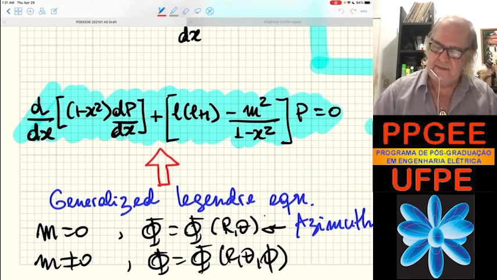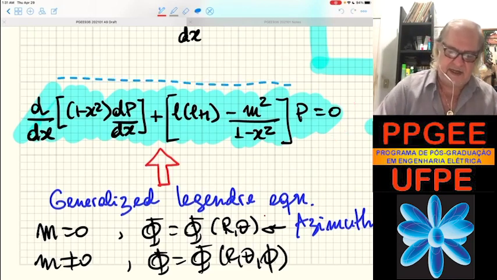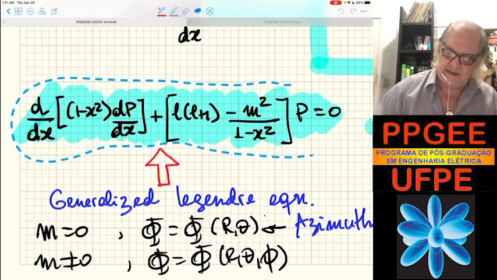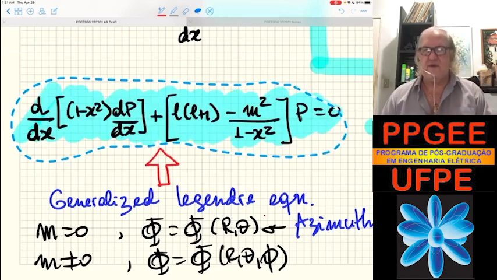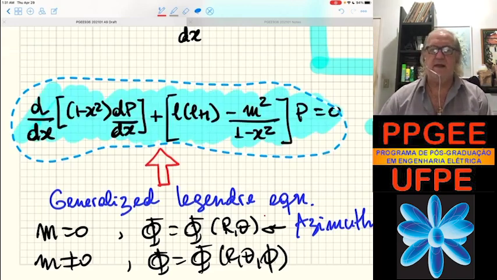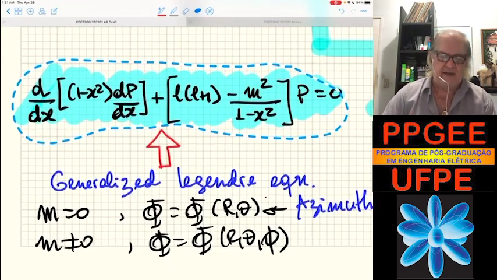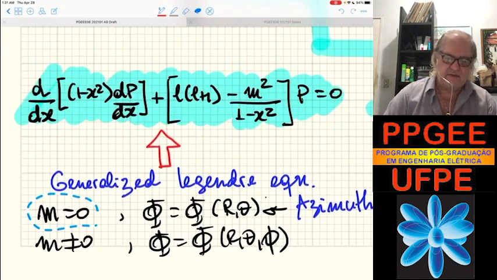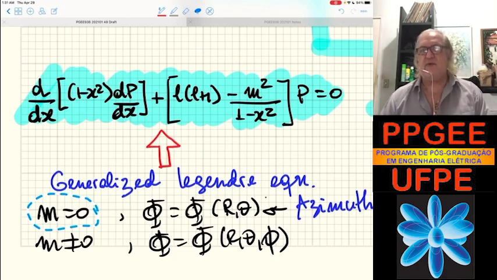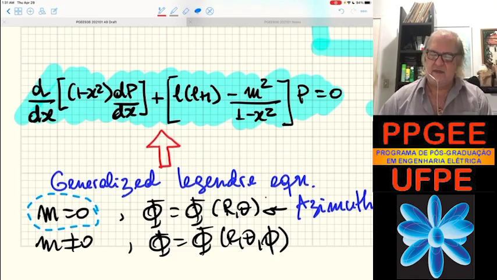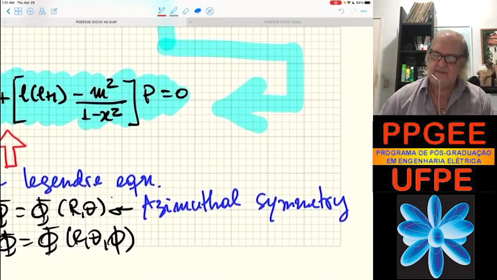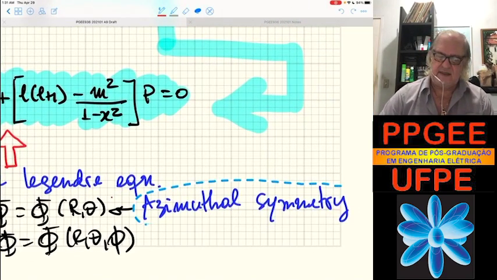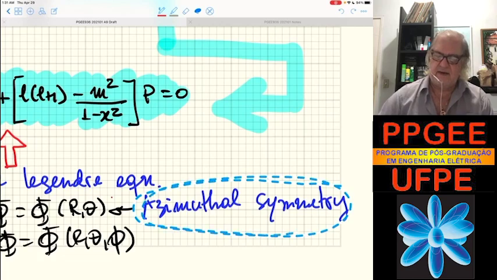So this is the generalized Legendre differential equation. And notice that for m equals 0, what does it mean? M equals 0 means that no variation with phi, with the third coordinate, so it means azimuthal symmetry, right?